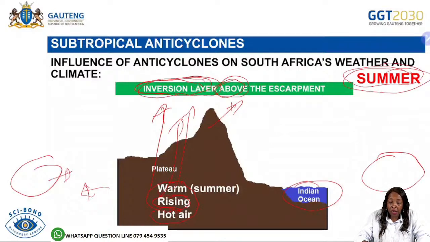But in this case, we are looking at the influence of the Kalahari high pressure, which has moved in the northerly direction. So the movement of the Kalahari high pressure cell in the northerly direction would mean that when air descends around the Kalahari high pressure, the inversion layer would not be formed in the lower levels of the atmosphere, but rather at the higher levels, which then becomes an inversion layer above the escarpment.